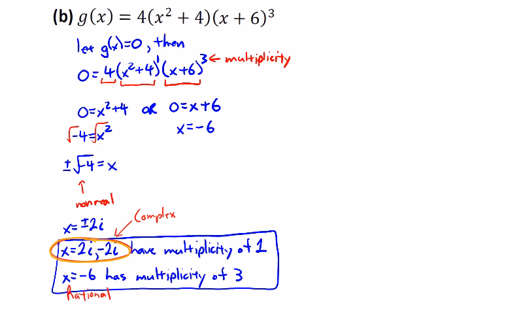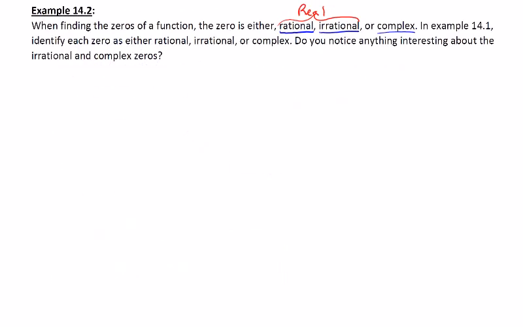So what I want you to take away from this is that anytime you have complex or irrational zeros, you will never have just one. You will always have two. They always show up as a pair. These are called conjugate pairs. And I'll go ahead and write that on the main slide.